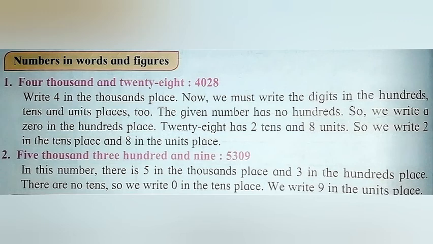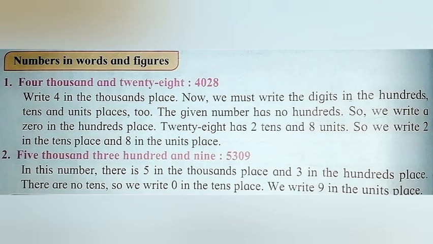Now in this first question, 4028, we have thousands as 4, 2 in tens place and 8 in units place. The given number has no hundreds. Here in this question we observe that when it's read, it's said as 4028. Now 4000 is here. 28 means 2 comes in the tens place and 8 comes in the units place, but there is no 100.